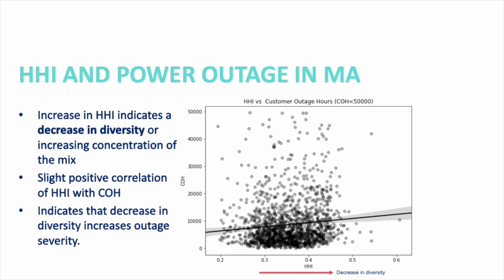Looking at it, we have a slight positive correlation, which indicates that an increase in HHI, which is an increase in concentration of generation, could lead to a slight increase in the severity of an outage, and that's practically what you would expect in the field.